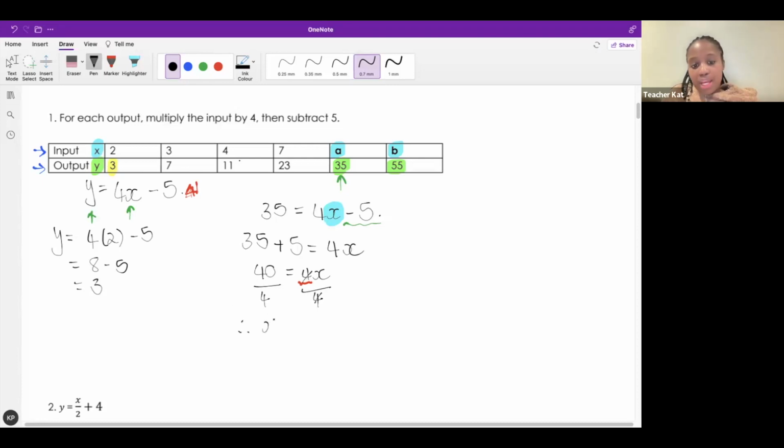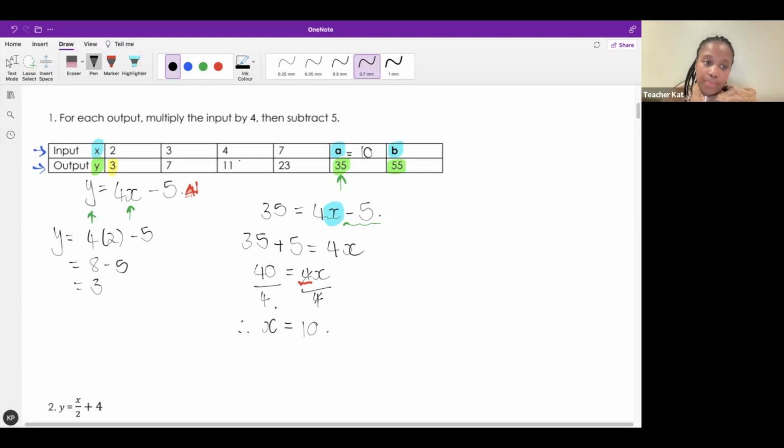Therefore, x is equal to 40 divided by 4, which is 40 divided by 4. So that means my input was 10. Nice, Logan. So for an input of 10, you get an output of 35.